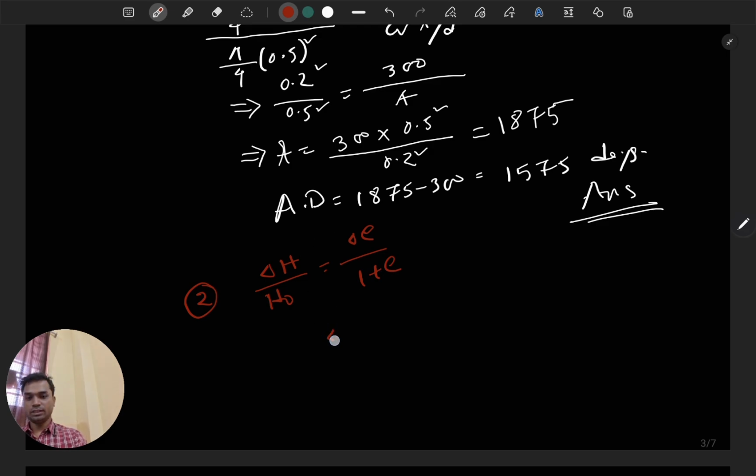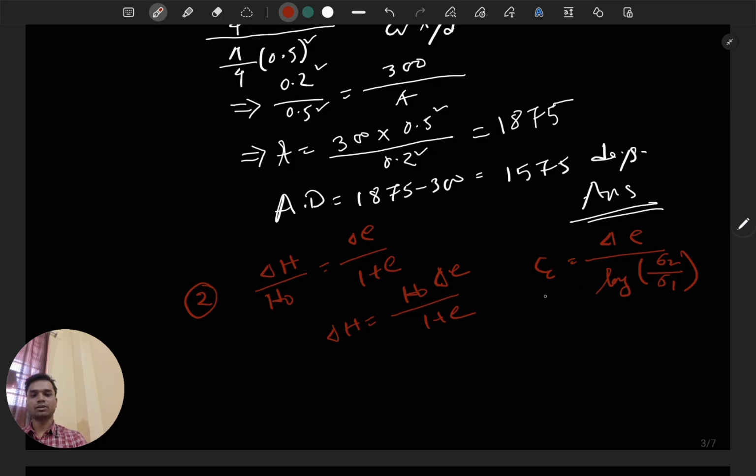Then delta H becomes H naught delta e by 1 plus e0, and then the compression index Cc is equal to change in void ratio divided by log of sigma 2 by sigma 1.